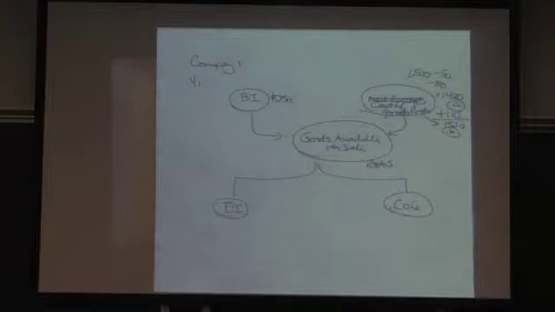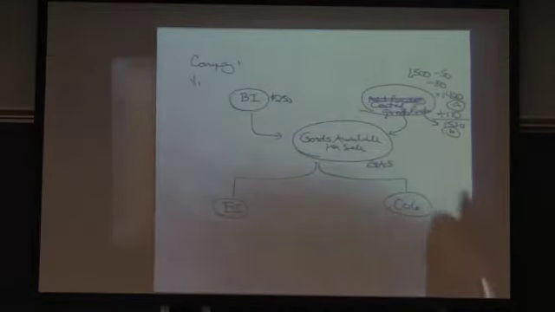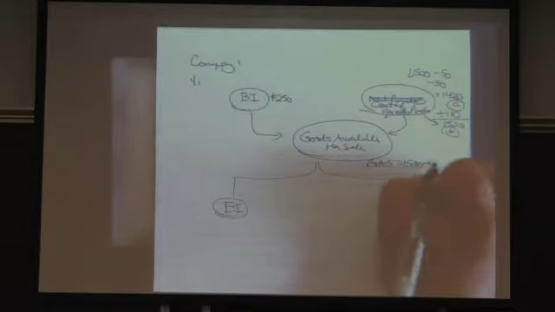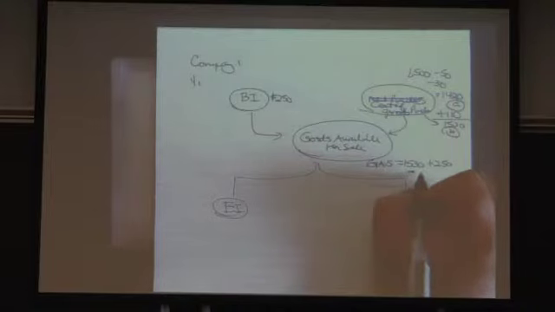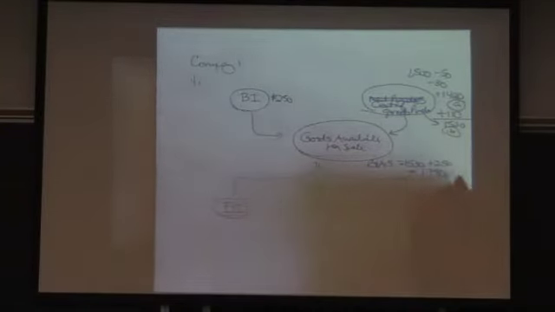So we know that 1,530 and 250 gives us goods available for sale. And that was one of the questions, right? Goods available for sale is letter C.